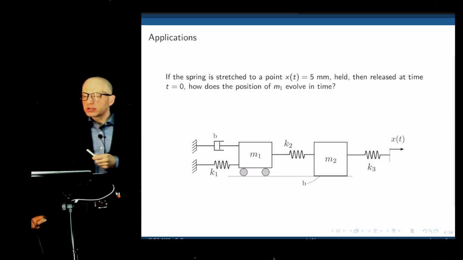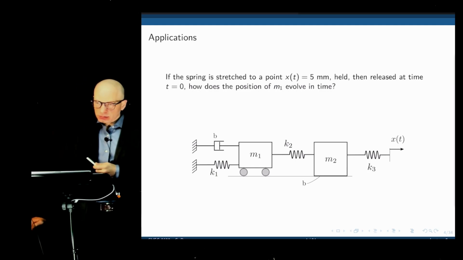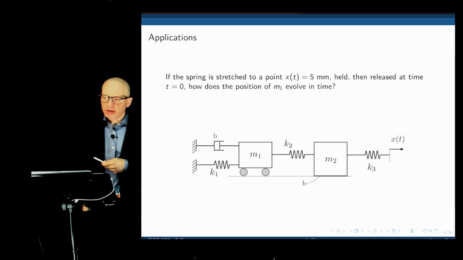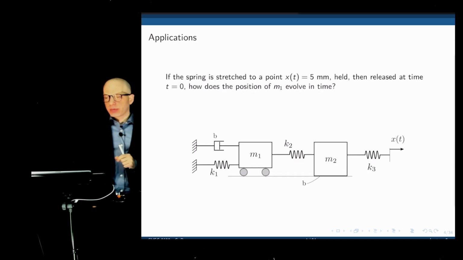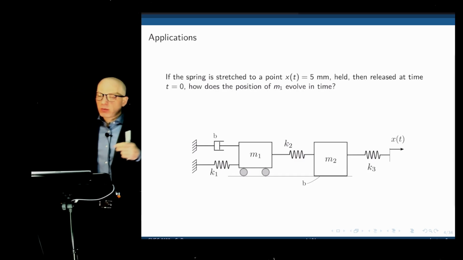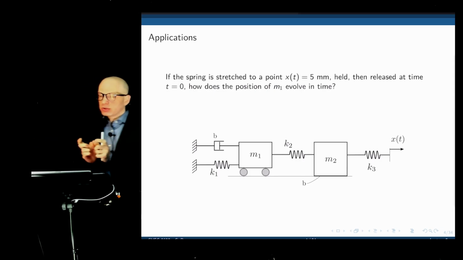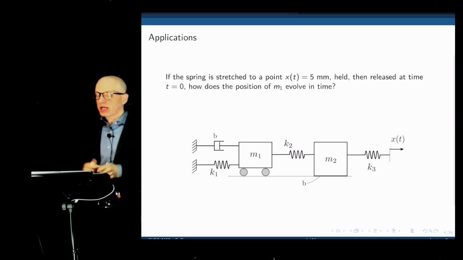If you want to answer that question, we need to derive a model. This model will be a set of differential equations with first and second derivative of position. We have 2 sets of equations, 1 for each mass. And then somehow, if you want now to relate the input x to the displacement of each mass, we have to combine these 2 equations, get one equation, and then solve for that differential equation.